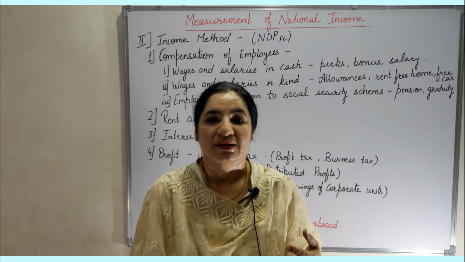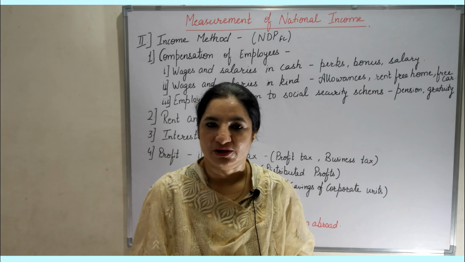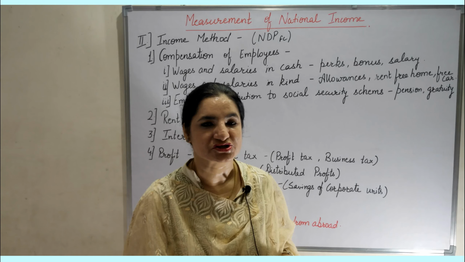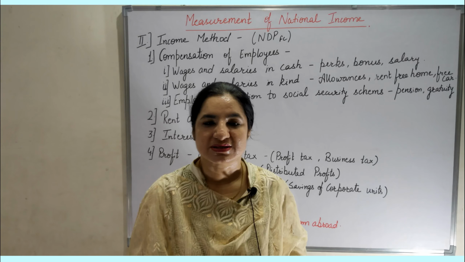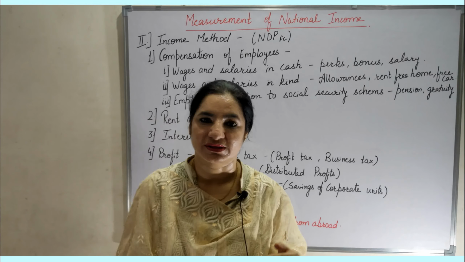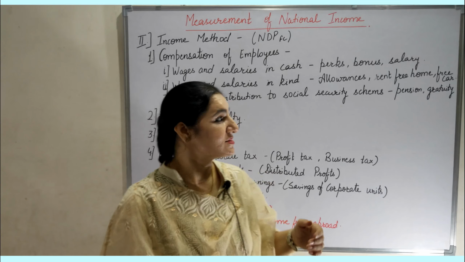It may also include the rent-free house for which the employees are not paying, but it is given by the company or the organization. So all such allowances are included in this head, for which the payment is not done but benefits are availed by the employees.